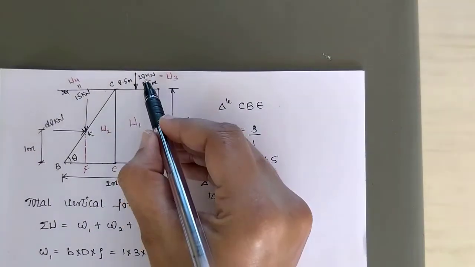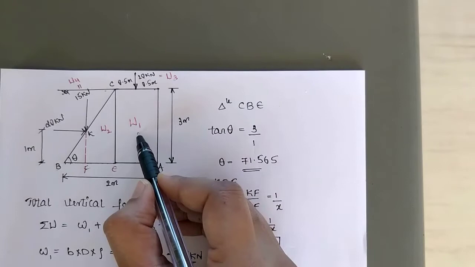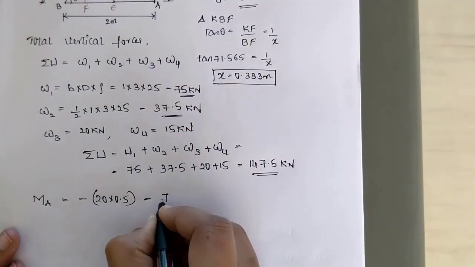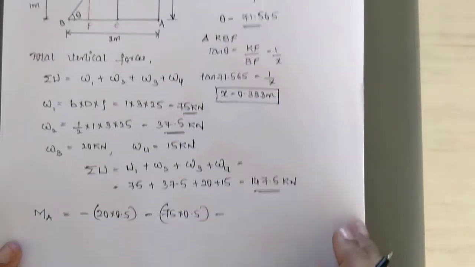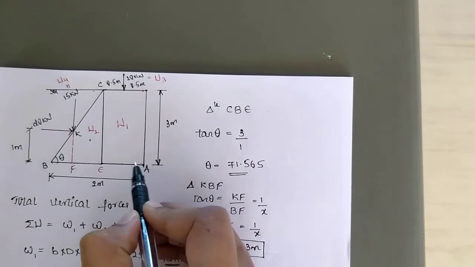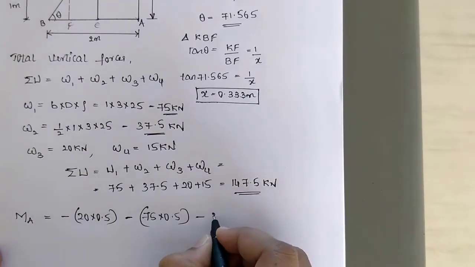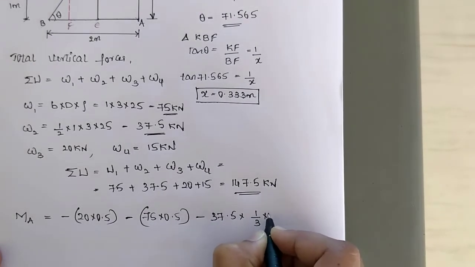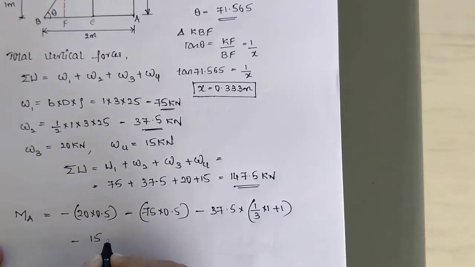That is 20 kilonewton with respect to A, that is 20 into 0.5. Next, W1 with respect to A. W1 is 75, so 75 into 0.5. Next, W2 with respect to A point, that is force value 37.5 multiplied by its centroidal distance, 1/3 of base plus 1 minus 15 vertical load, 15 into 1.66.